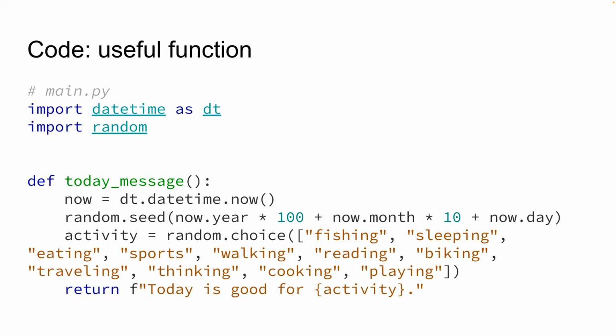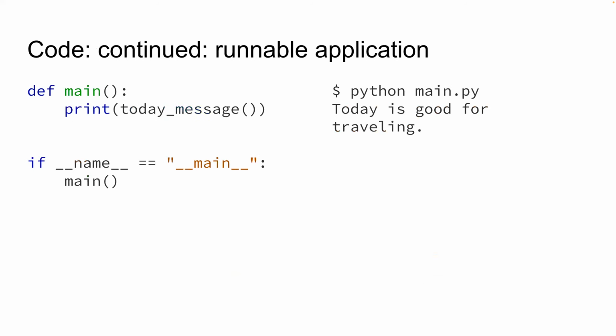You can extend the list of activities to do whatever you want to do. Then we need the main function that will actually call our function and print the message. And the way we run this is Python, name of the file, and it outputs the message.